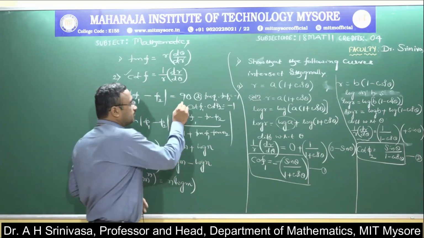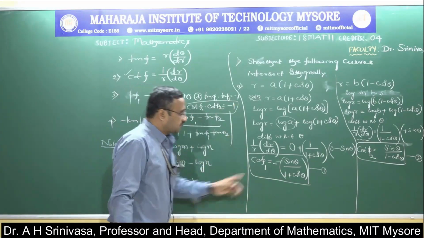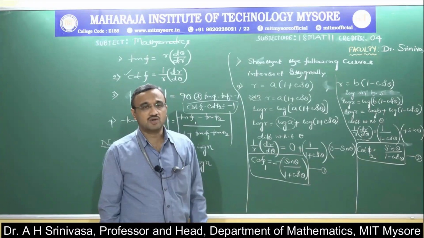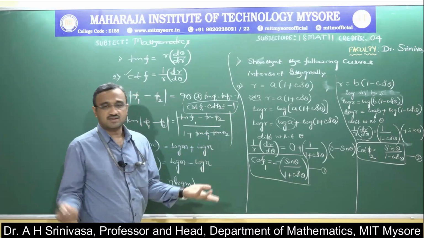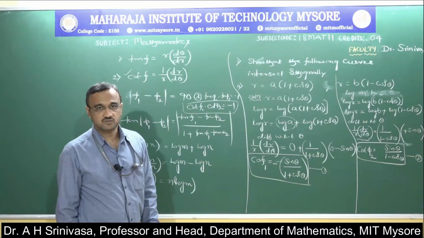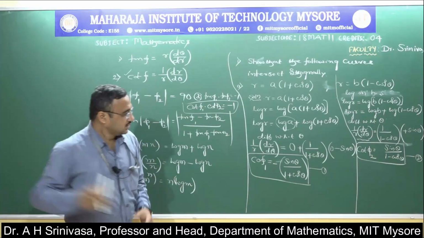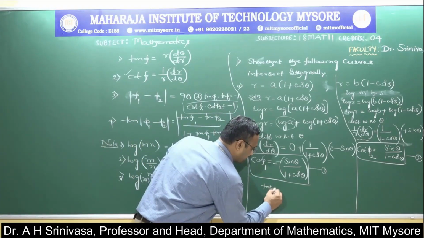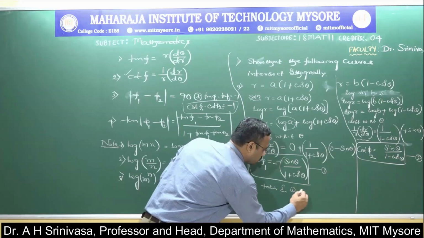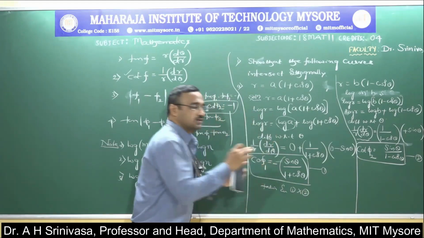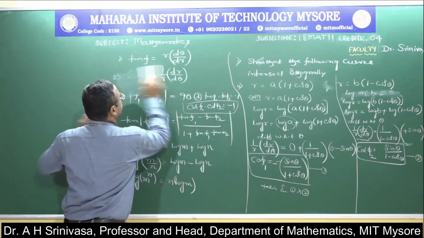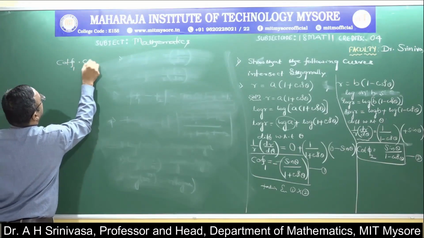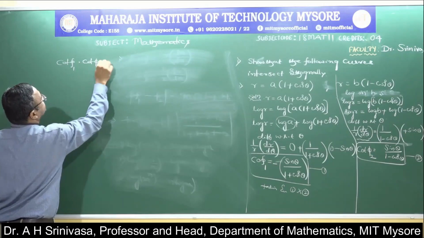So now I am going to show this one. Make a product of these two, equation 1 and 2. If you make a product of equation 1 and 2 and get minus 1, they intersect orthogonally. So now take a product of 1 into 2, cot phi 1 into cot phi 2.